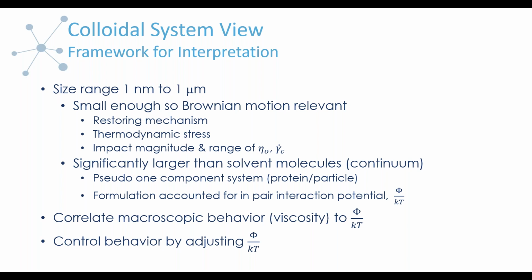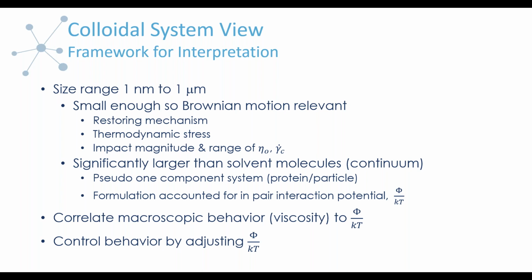And this is important because this Brownian motion is one of the mechanisms that's acting to restore or maintain the equilibrium structure. It generates a thermodynamic stress, and it's going to impact both the magnitude and range of the low shear viscosity, but also this critical point where shear thinning starts to occur.